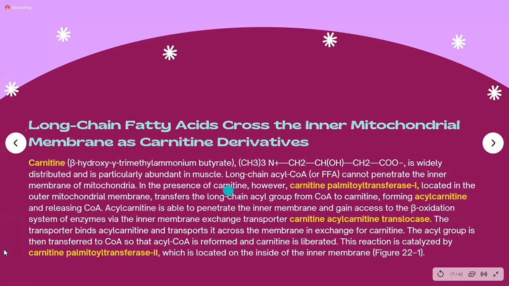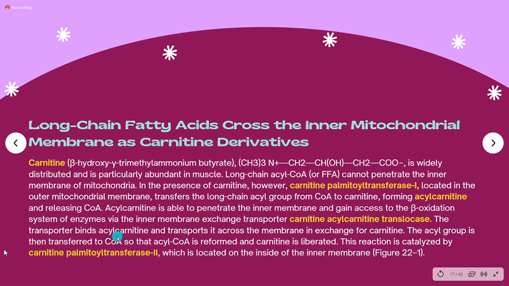In the presence of carnitine, however, carnitine palmitoyl transferase 1 located in the outer membrane transfers the long-chain acyl group from CoA to carnitine, forming acyl-carnitine and releasing coenzyme A. Acyl-carnitine is now able to penetrate the inner membrane to gain access to the enzymes of the beta oxidation system via the exchange transporter known as carnitine acyl-carnitine translocase.